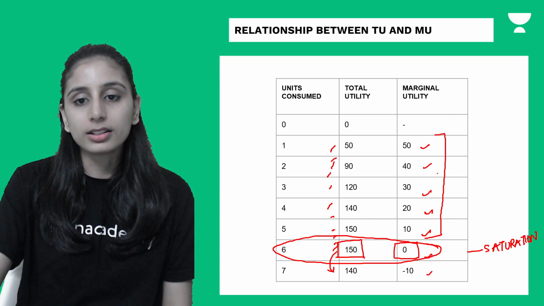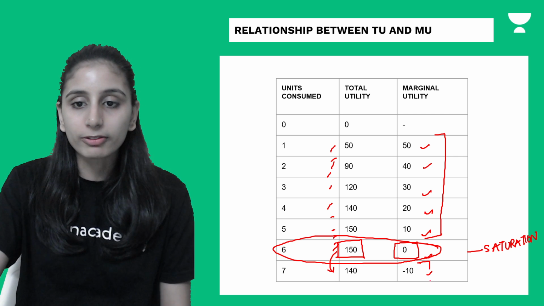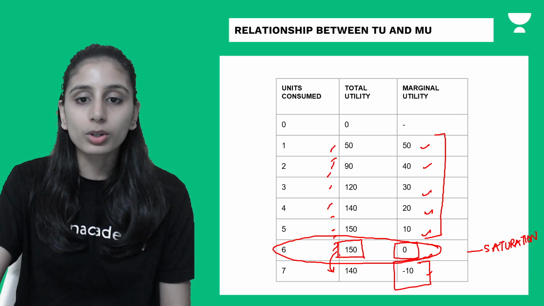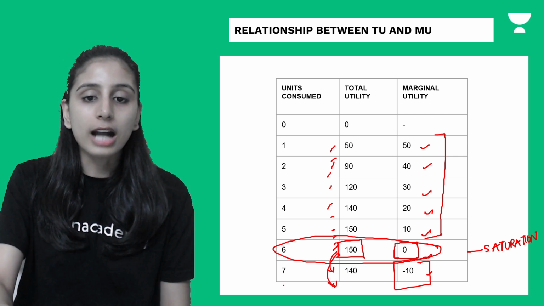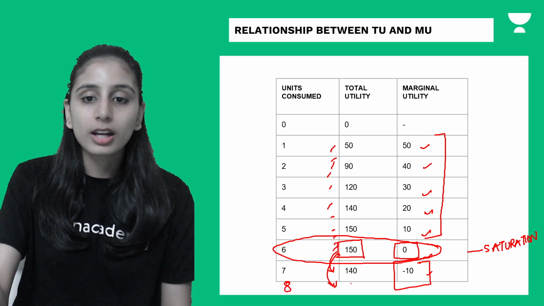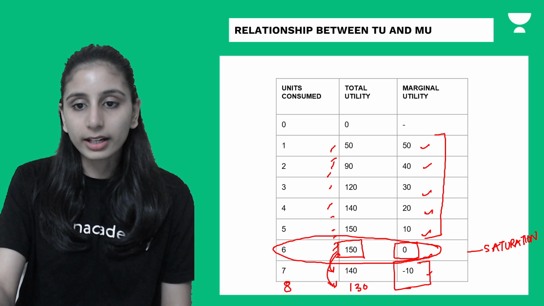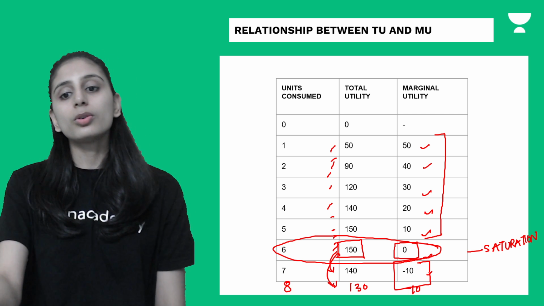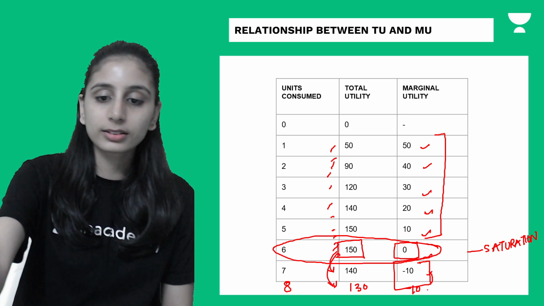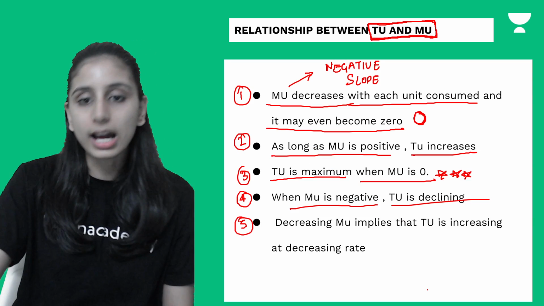You can see here कि जैसे ही MU नेगेटिव गई, -10 हुआ, वैसे ही टोटल यूटिलिटी डिक्रीज होना स्टार्ट होगी. अगर हम यहाँ पे एक और लिखें 130, ठीक है, and I write -10, वो डिक्रीज ही होती रही.